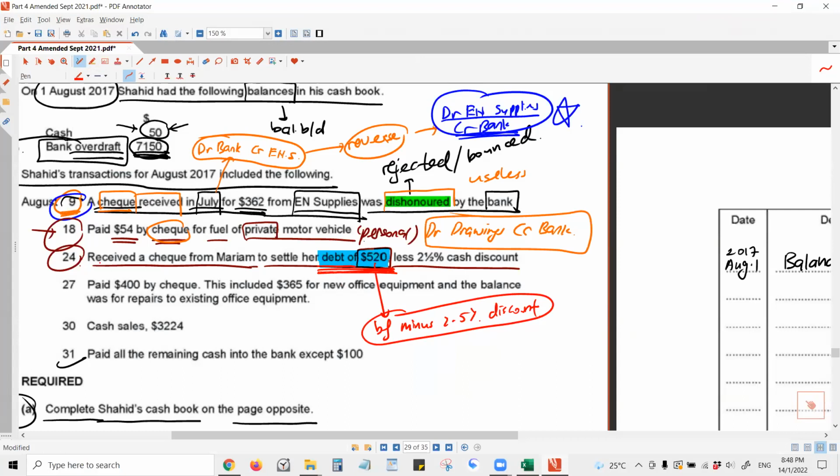So you have to decide and calculate how much is written on the check. The check that you receive from Mariam, how much is written on the check? So you have to take 520 times 97.5%. Yeah, you should time 97.5% because it's a shortcut.